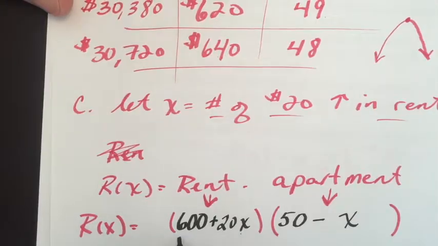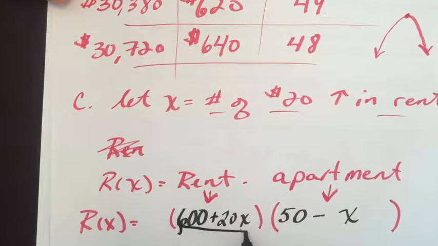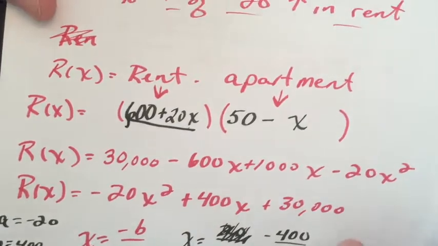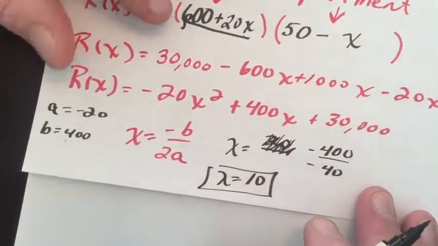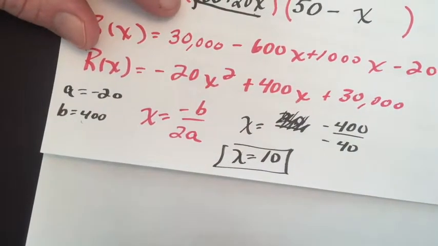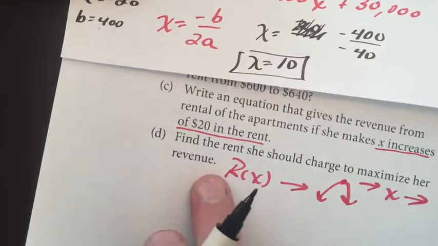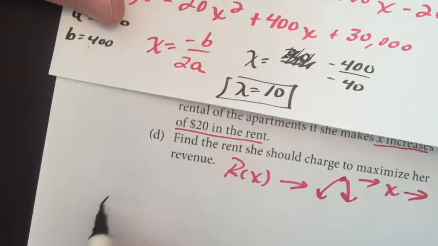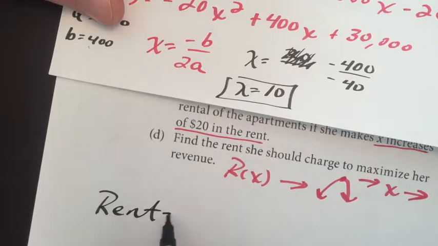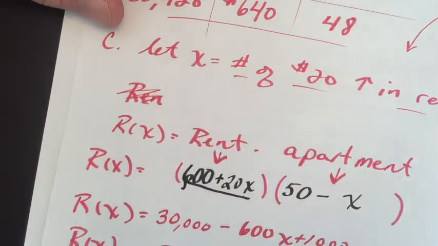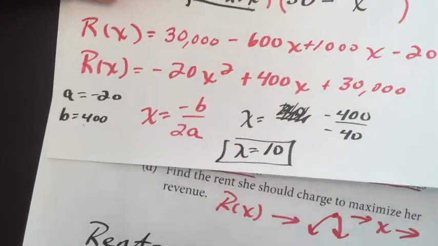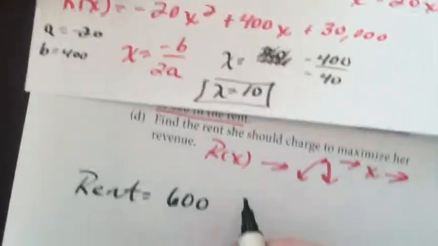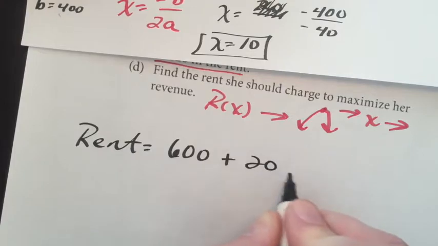So here is our rent equation, right? Rent is equal to 600 plus 20x.